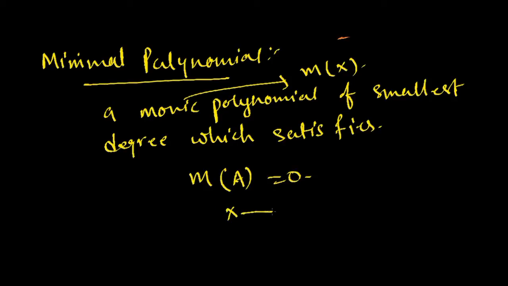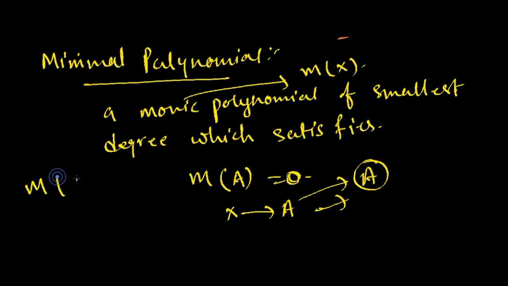So when we replace x by A, it should give 0, where A is the matrix and m_A of x is the minimal polynomial of A.